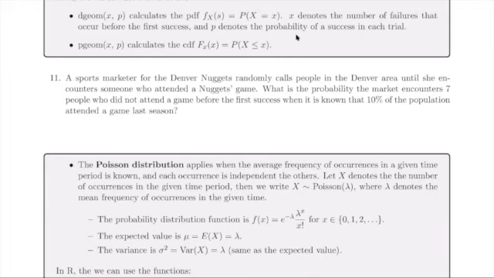So the question is, what is the probability that they get 7 people who did not attend the game before the very first person says yes? Here, what we're trying to calculate is the probability that X is equal to 7, meaning we get exactly 7 failures in a row before we get our first success.